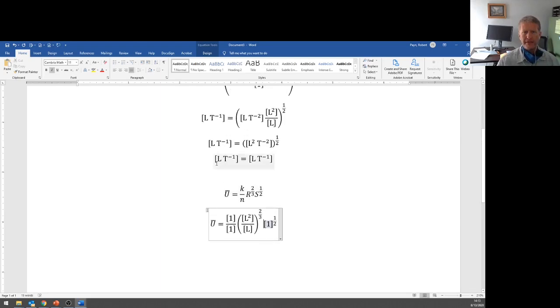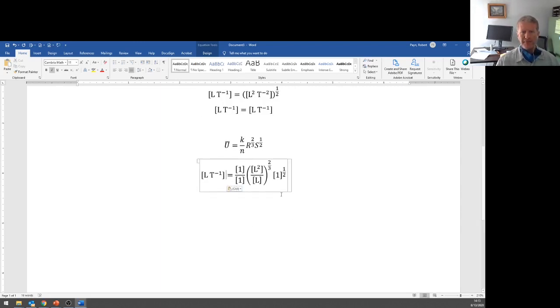And finally, again, I can cut and paste because I know that this velocity is going to have the same dimensions as the velocity in Darcy-Weisbach. Okay, so I have my setup. Now I can do my simplifications.